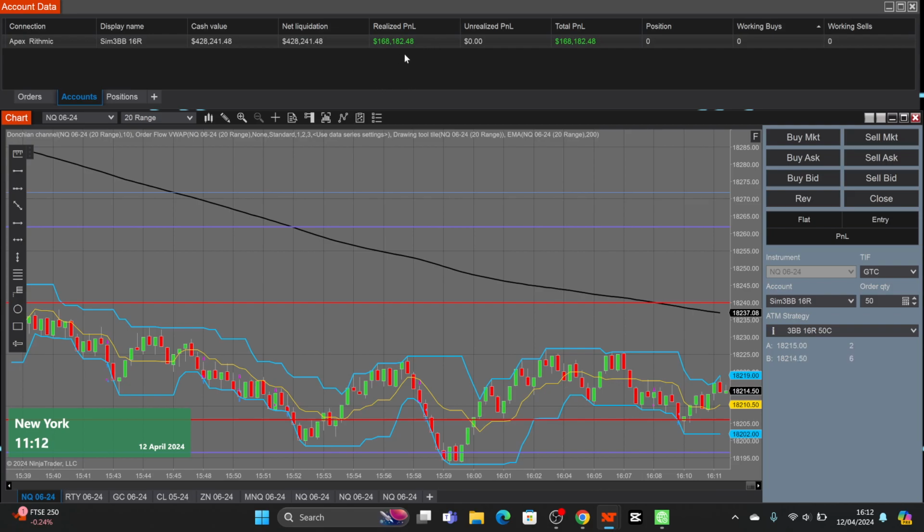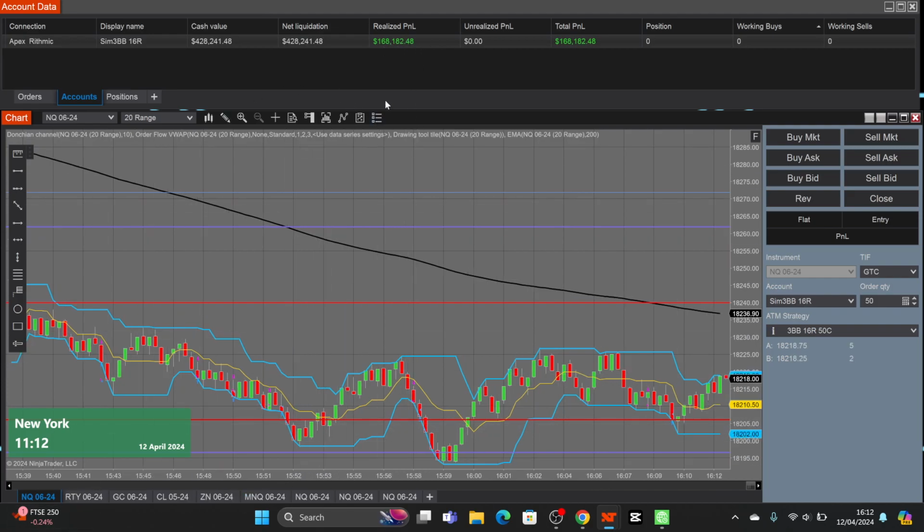So I'm unsure why it's registered like that, I think based on 75 contracts, equivalent of 100 points in my favor. Everything else was me trading cautiously, picking up another 15, trading 50 contracts.